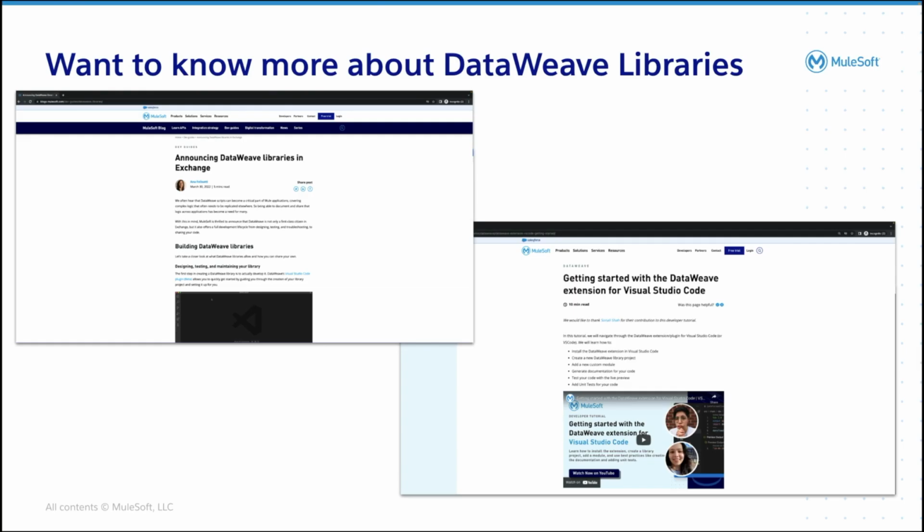Want to know more about DataWeave libraries? Check out the Announcing DataWeave Libraries in Exchange article on blogs.mulesoft.com and the Getting Started with the DataWeave extension for Visual Studio Code developer tutorial on developer.mulesoft.com.